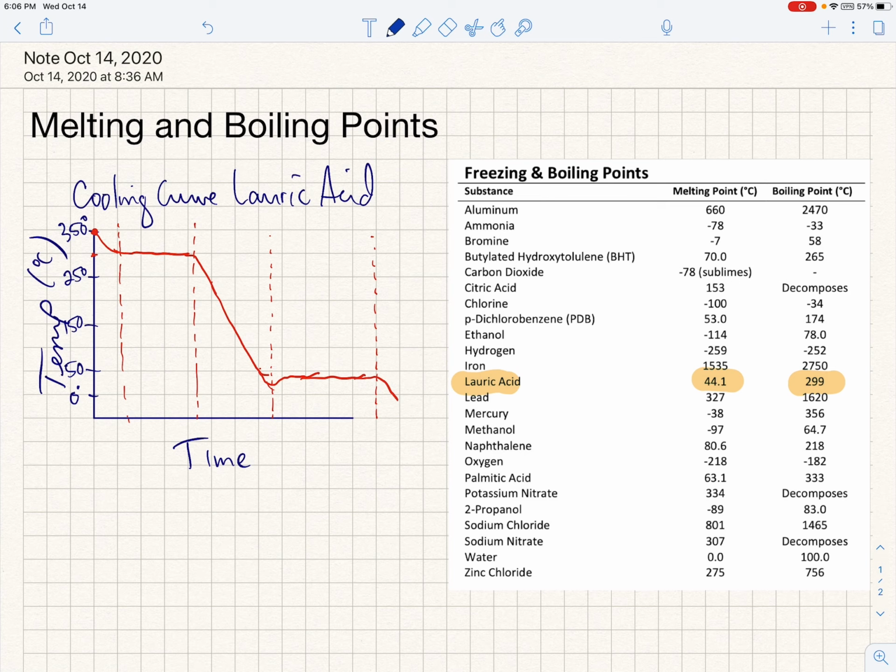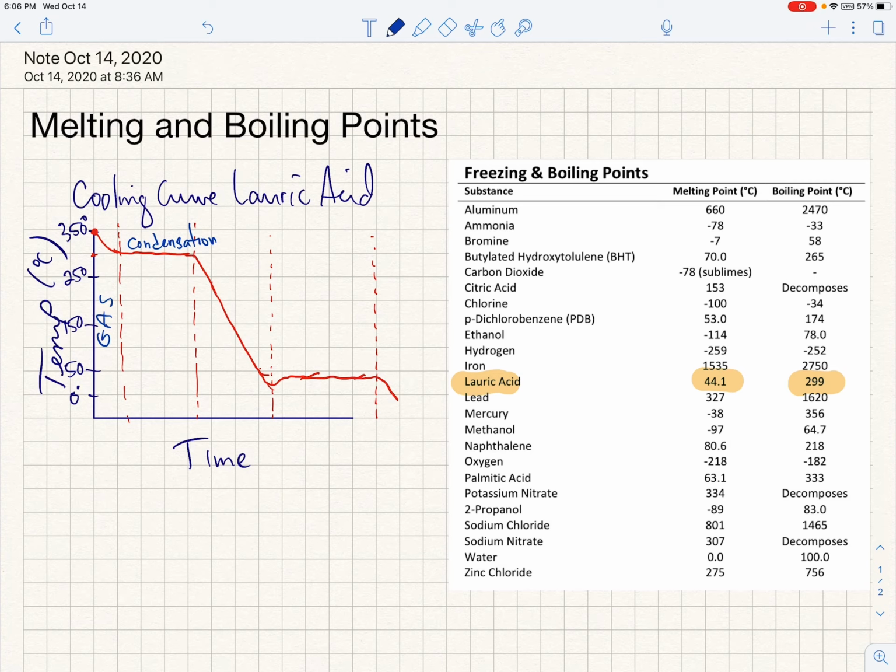Well, in the first region, we had just gas, right? So at that part of the curve, there was only gas present. In the second part of the curve where you saw that plateau, that's where we had condensation happening. The vapor or the gas was turning back to a liquid.